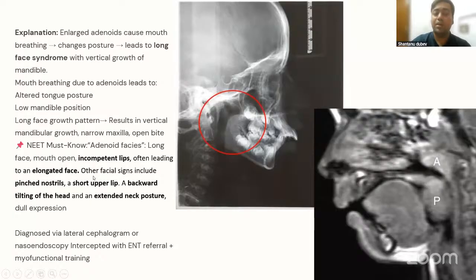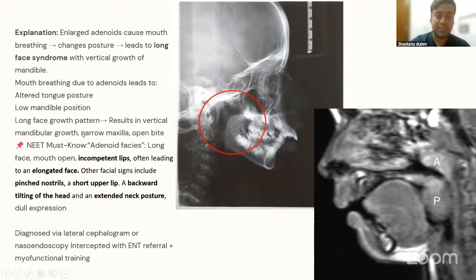The lips are mostly incompetent, sometimes leading to a short upper lip. The nostrils are not really developed because the patient has been breathing through the mouth, so they are pinched nostrils. The head is tilted backwards to make it easier for the patient to breathe, with an extended neck posture, and there is a dull expression.